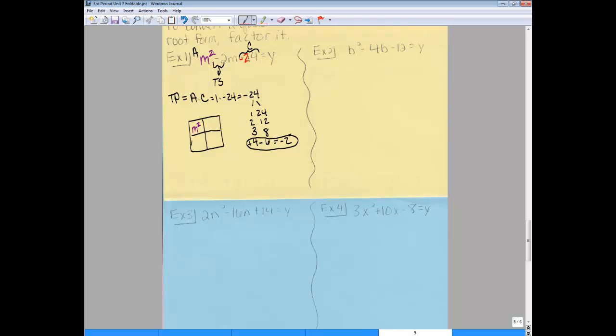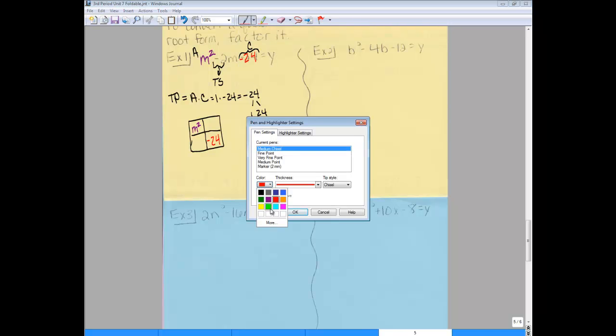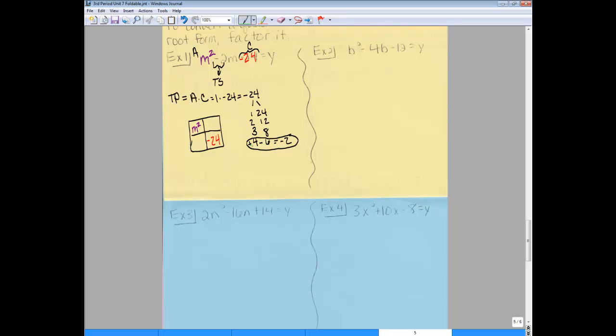Your C part, which is -24, always goes in the bottom right box. And then your two factors always go in the other two boxes, and we're going to put x's with them. So it's not just 4, it's going to be 4x, and it's not just -6, it's going to be -6x.